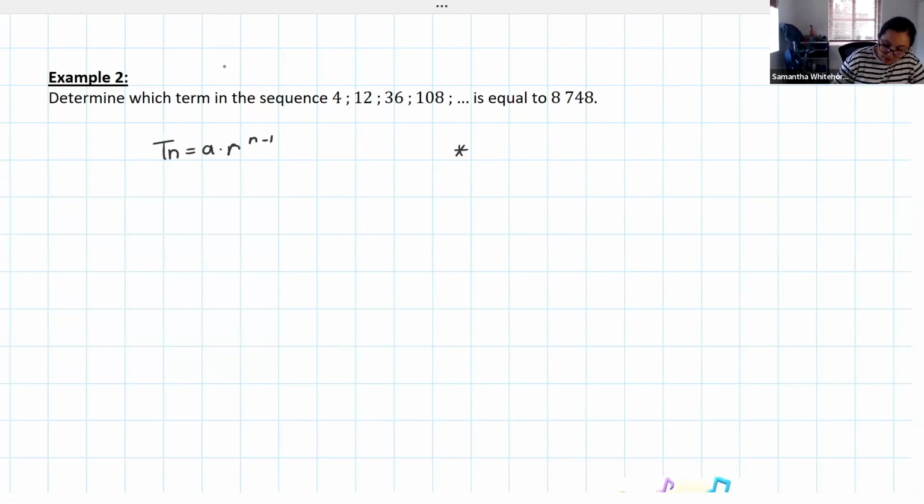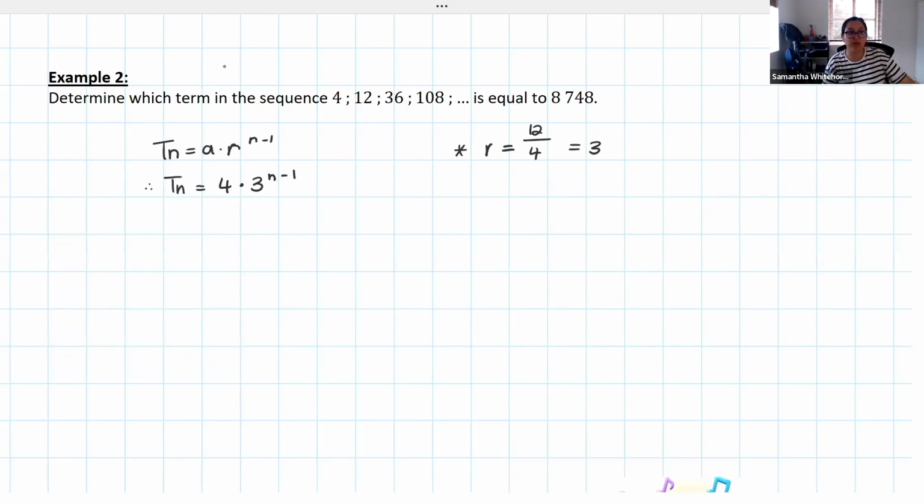We obviously need to work out R. Now, it's fine if you just go and do R on the side of your working out. There's nothing wrong with that. It's all still there. And so R is T2 over T1, which is 3, because 12 divided by 4. That allows me to find Tn, which is 4 times 3 to the power n minus 1.